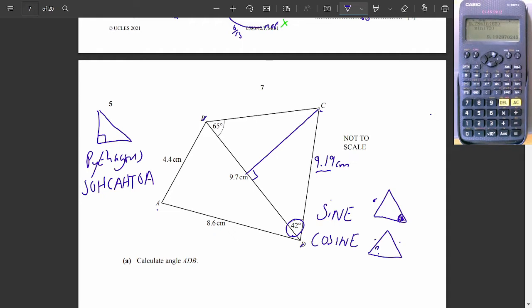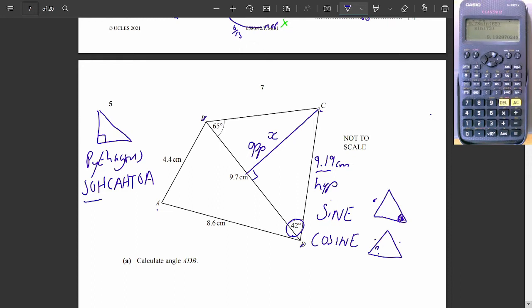Okay, so let's have a look. What do we have? We want to work out the distance from C to this line here. Let's call it X. In this triangle, it is the opposite side to the angle we have, and we're also going to use the hypotenuse. Using the opposite and the hypotenuse means we're going to have to use the sine rule.